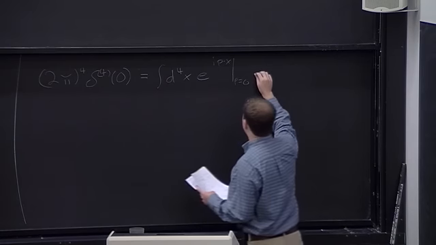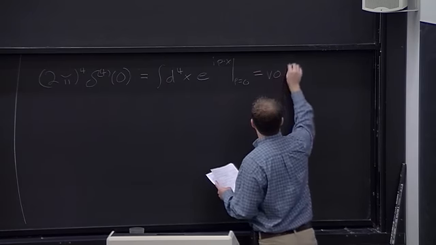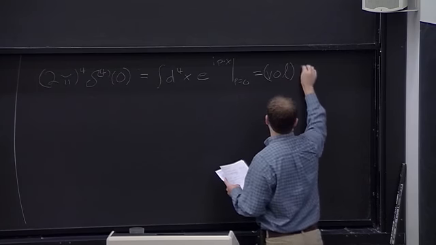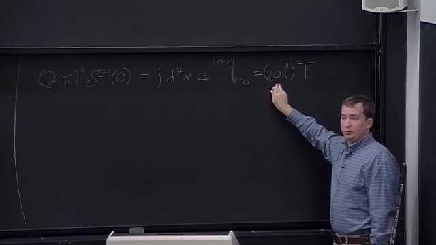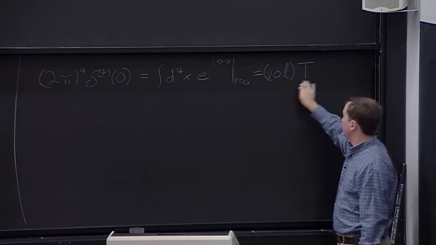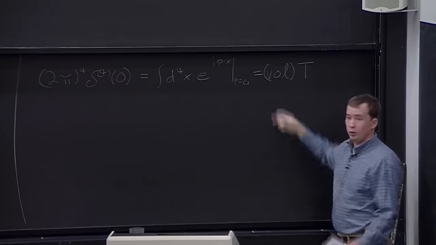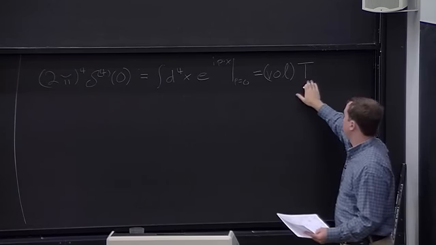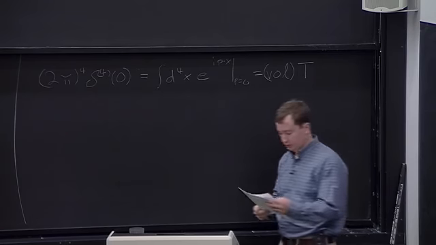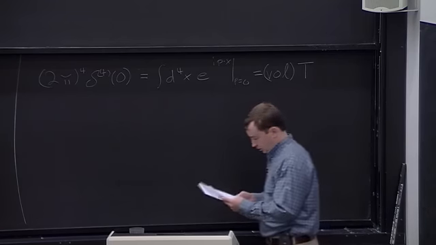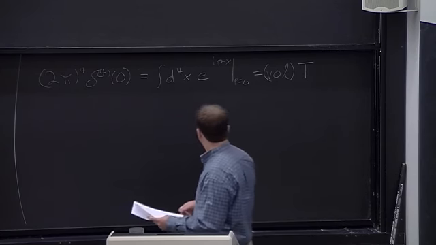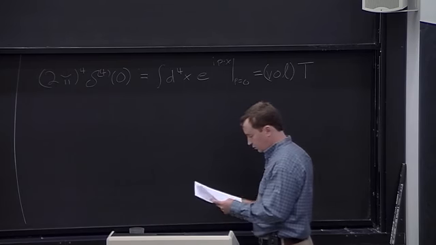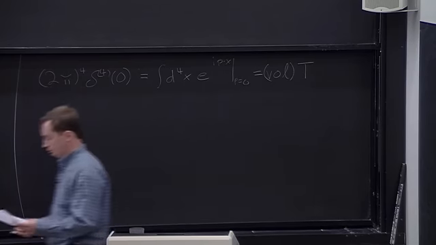So we'll write this as the volume times the time. So again, if we're considering plane waves as our initial and final states, the volume where scattering can happen is the same as the volume of space-time, and so it's the time interval. Time is all of time. Okay.